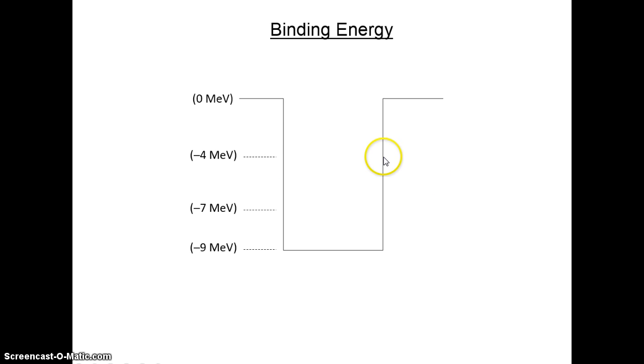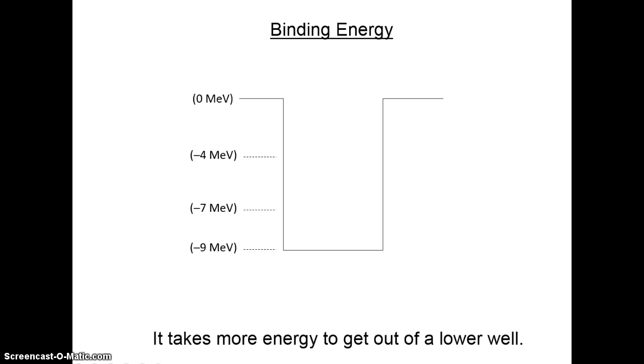Some nuclei, when they form, go deeper to about 4, so 4 mega electron volts is lost. Some are deeper still, and some are almost all the way down to -9. So the farther down we go, the harder it is to get out of the well. It takes more energy to get out of a lower well. So as we go farther down into deeper and deeper wells, we get more and more stable nuclei, because it's harder to break those apart, it takes more energy.